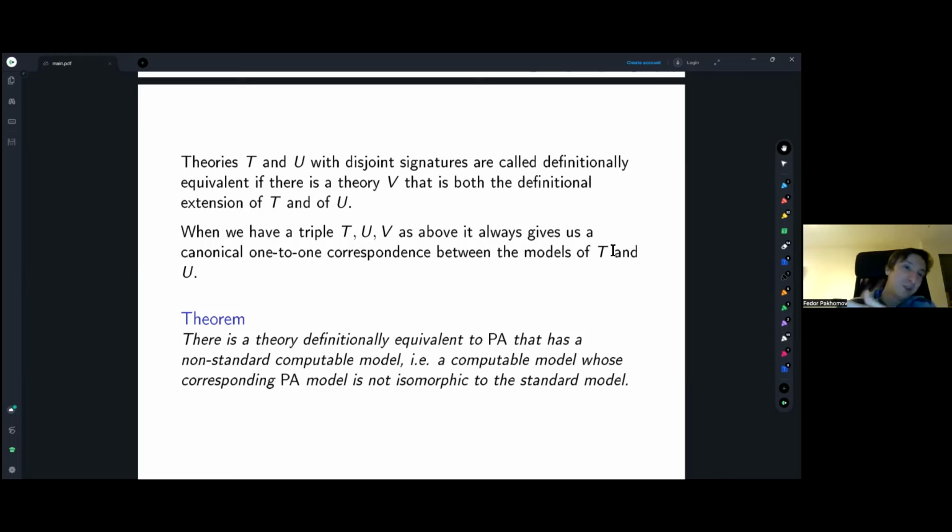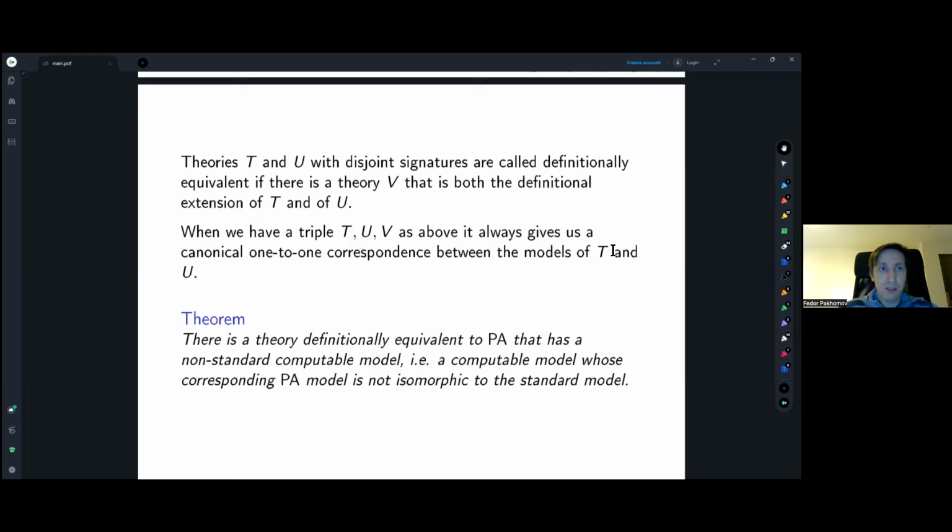Then you have two theories, one axiomatizing total order in terms of a strict comparison relation, and the other in terms of a non-strict comparison relation. Of course, the resulting theories will be definitionally equivalent, because you can go back and forth between strict less than and non-strict less than. That's basically what definitional equivalence is.